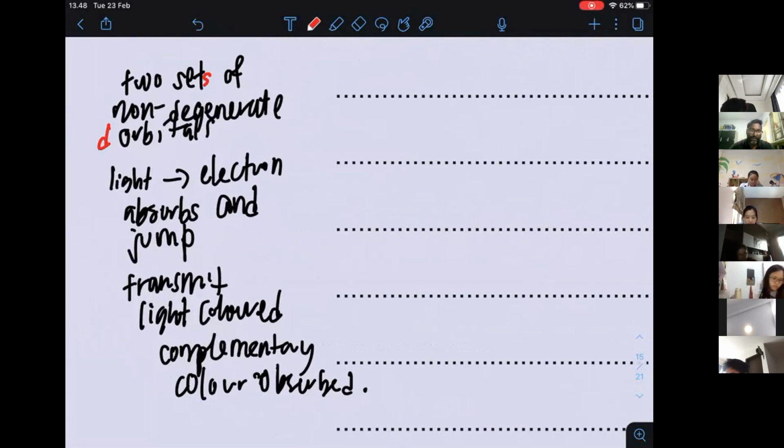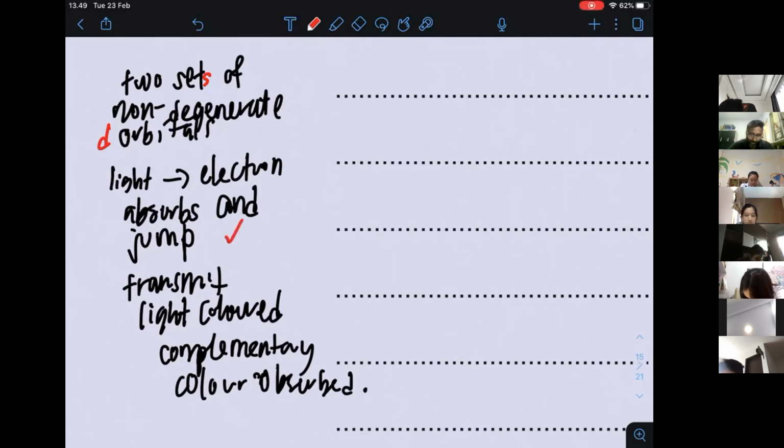And then when there is light, the electron will absorb the light energy, become excited, and jump from the d orbitals of lower energy to the d orbitals with higher energy.